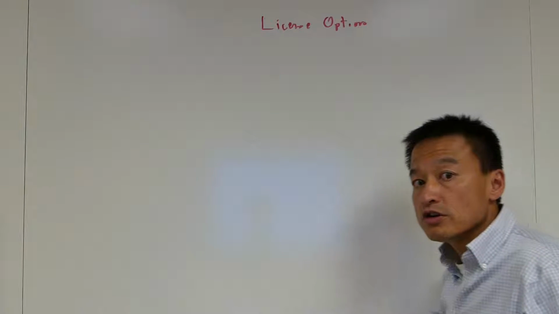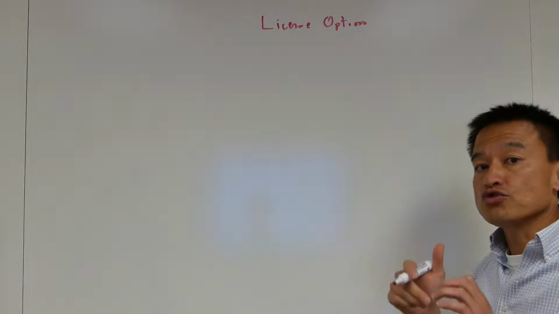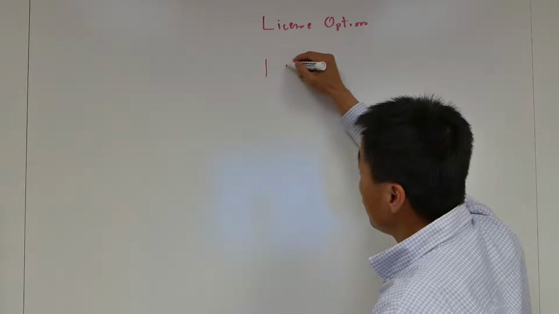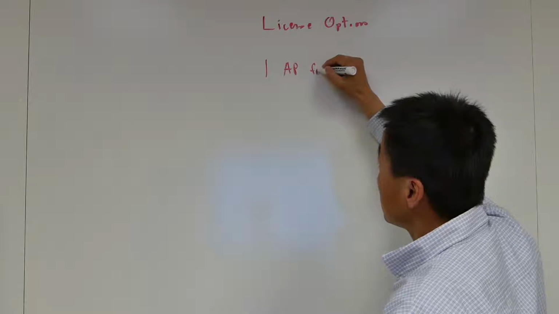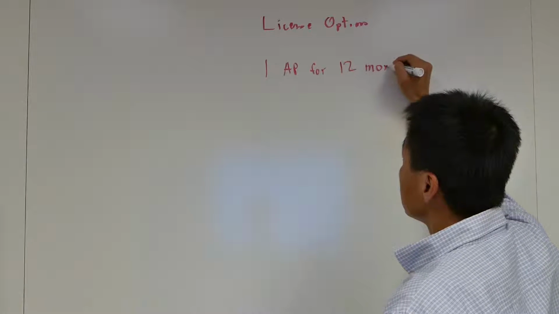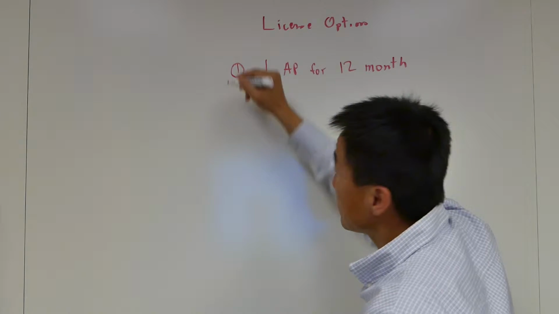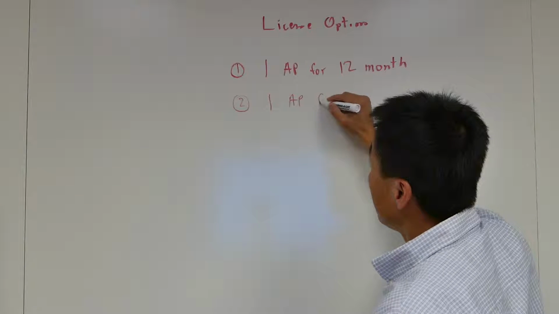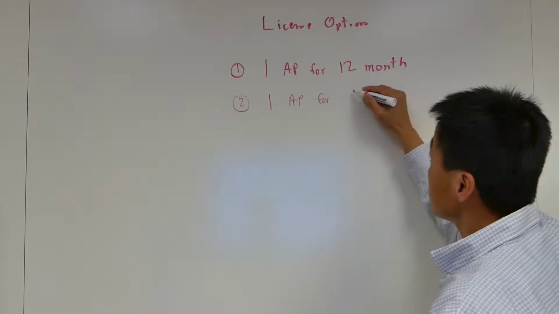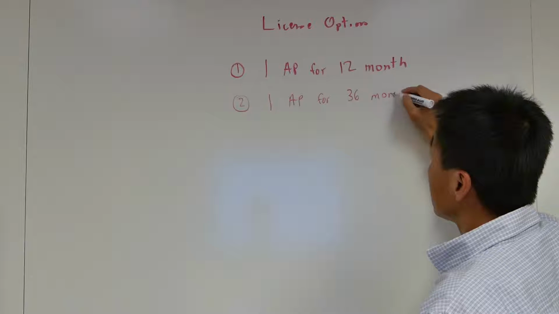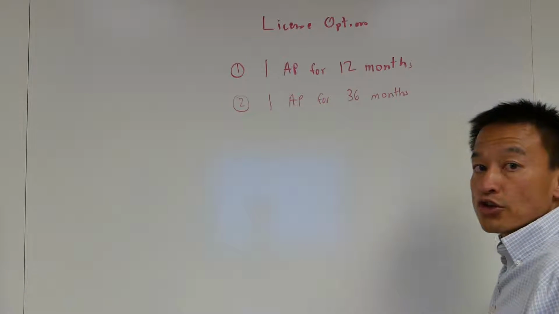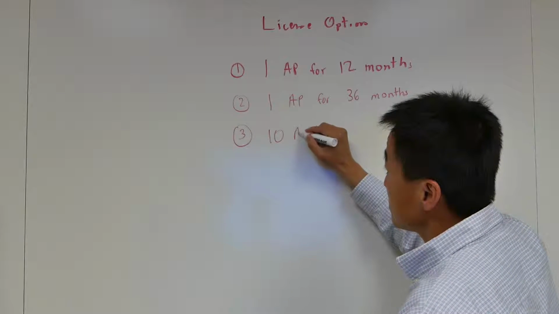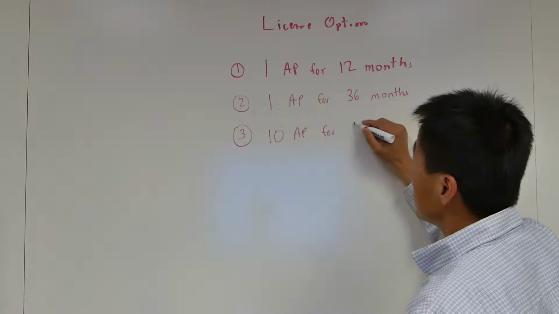We offer 6 different SKUs that the customer can purchase. The first one gives you the capability to manage one AP for 12 months. The second SKU gives you one AP for 3 years, or 36 months. The third SKU is equivalent to 10 APs for 1 year, or 12 months.